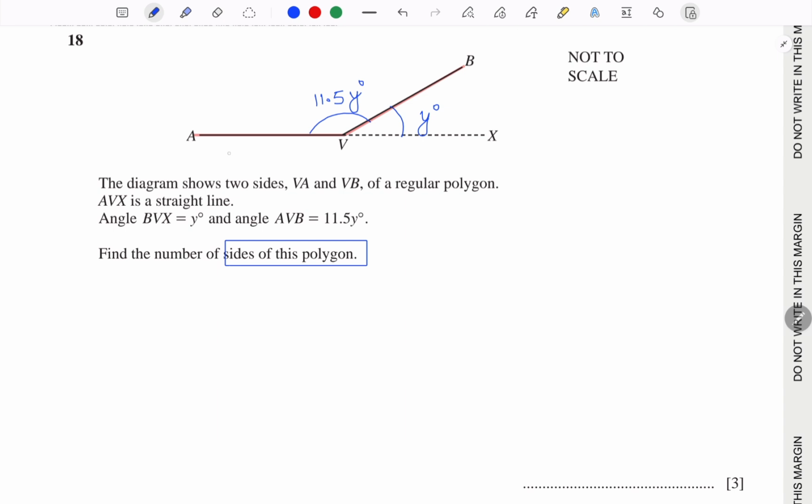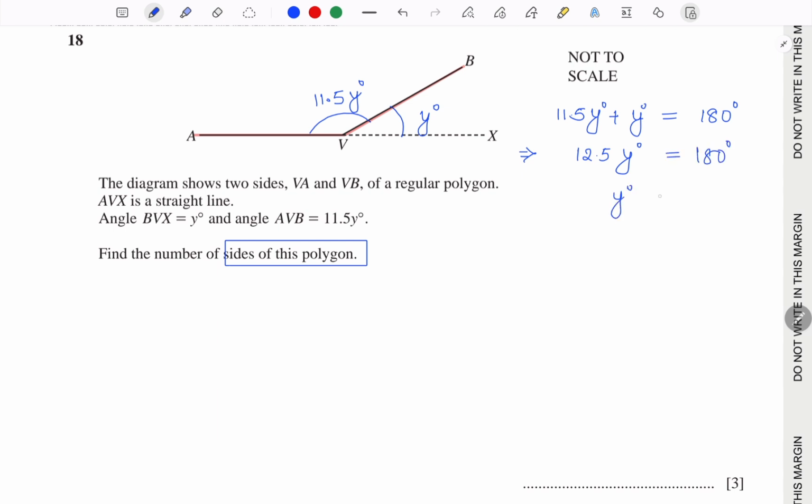First of all, AVX is a straight line. Since it is a straight line, the sum of all the angles made on it will be 180 degrees. So if I add them up, 12.5 times y degrees equals 180 degrees.